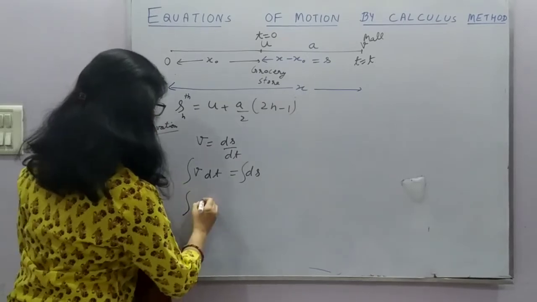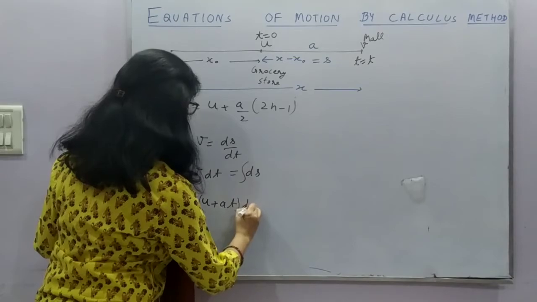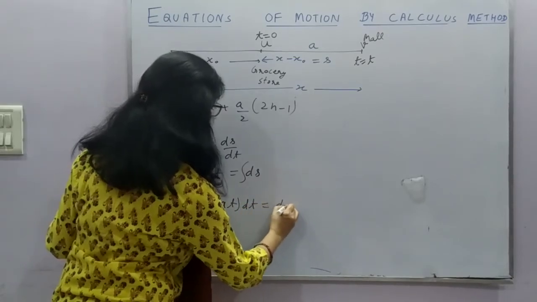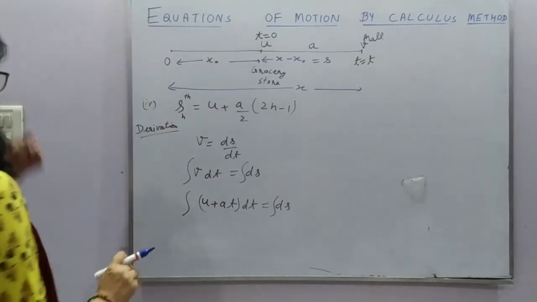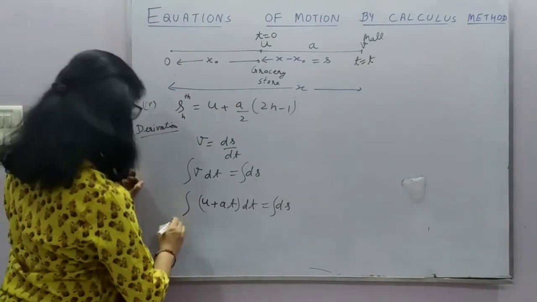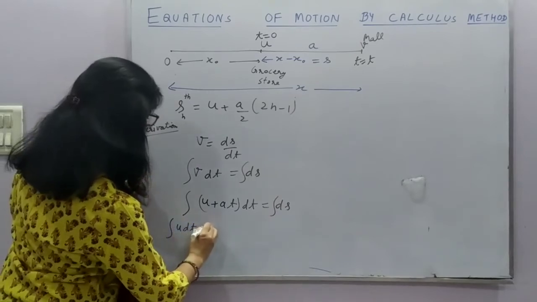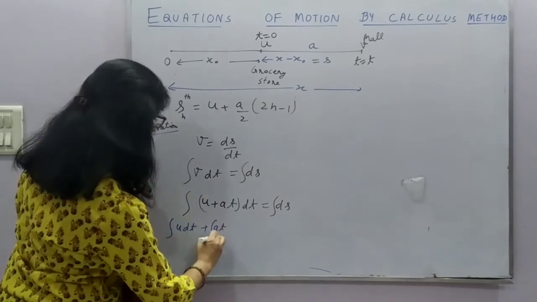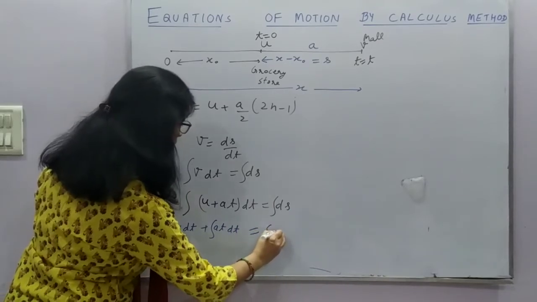So I can write integral of (u plus at) dt is equal to integral of ds. Again I am using definite integral. So let's first take this u dt plus at dt is equal to integration of ds.